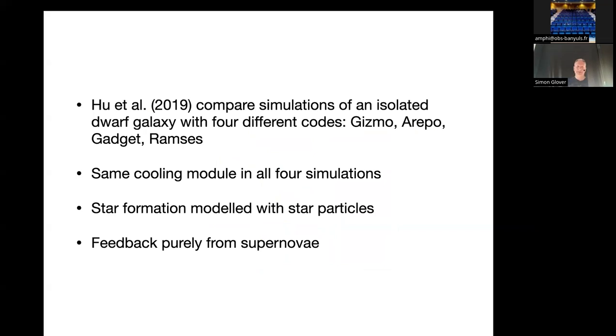On the other hand, Hu et al. did another comparison a while back between GIZMO, Arepo, Gadget, and Ramses with the same cooling module used in all 4 simulations, the same star formation algorithm, and the same feedback algorithm, and just looking at how this interacted with the different way of doing the hydrodynamics.